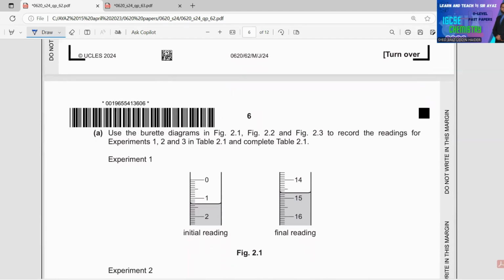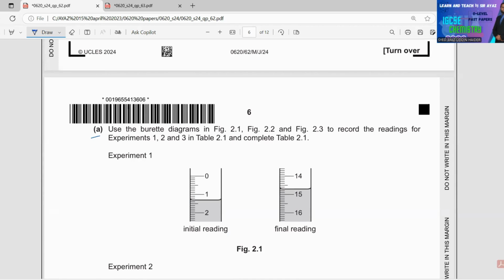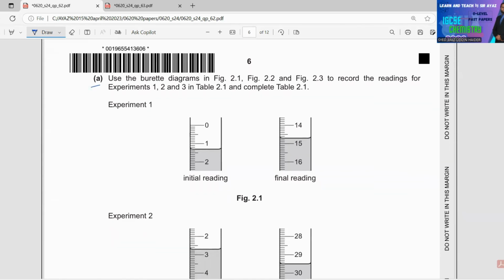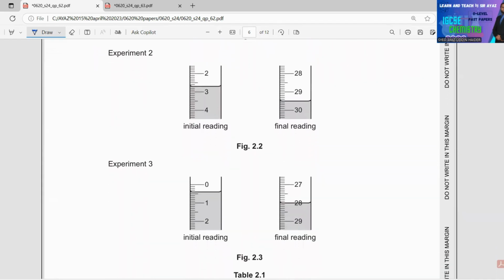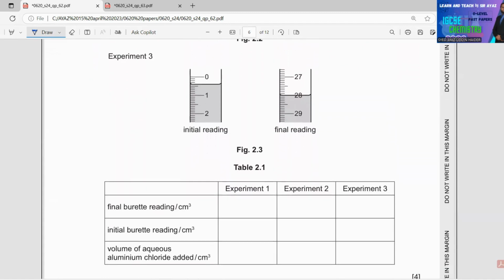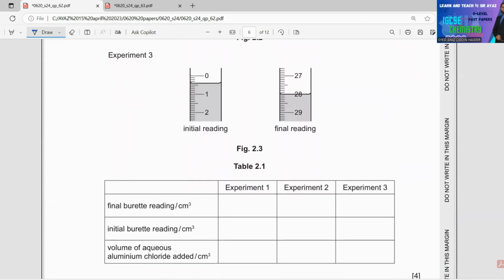Part A. Use the burette diagrams in figure 2.1, figure 2.2, and figure 2.3 to record the readings for experiments 1, 2, and 3 in table 2.1 and complete table 2.1. So here we are having readings. We need to fill these readings in this table 2.1.